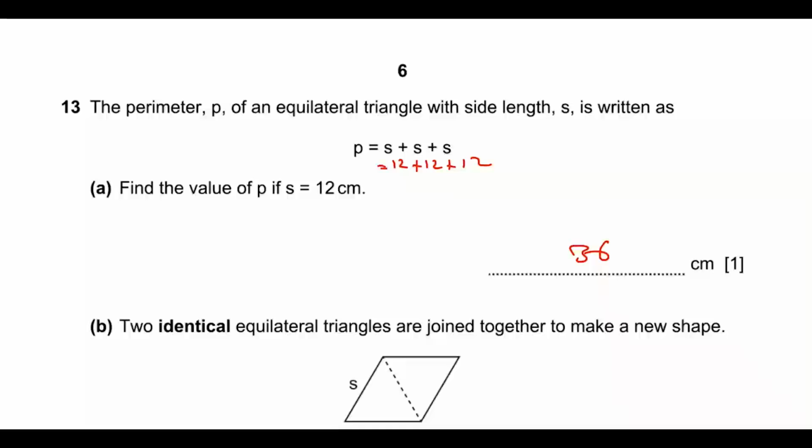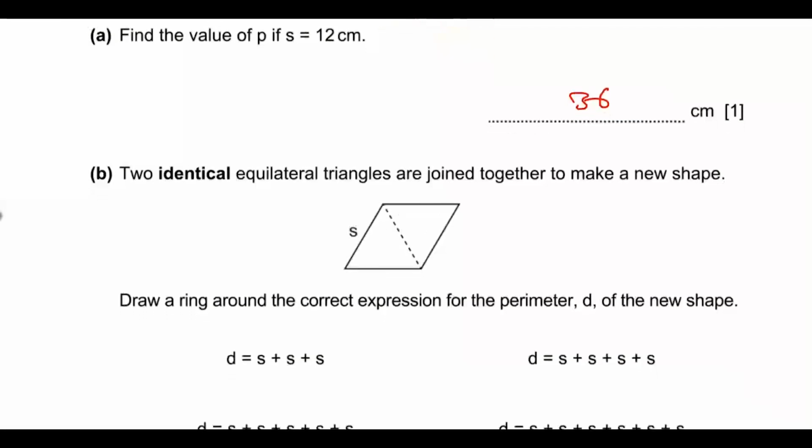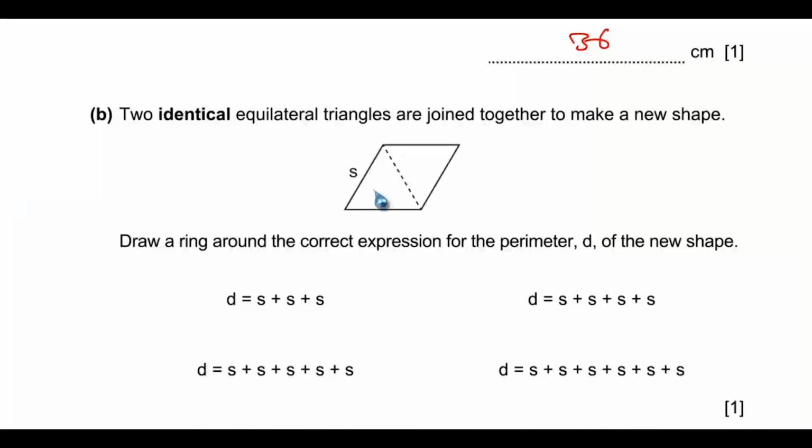Part B, two identical equilateral triangles are joined together to make a new shape. So draw a ring around the correct expression for the perimeter D of the new shape. Okay, so we have 4 sides. They are identical.